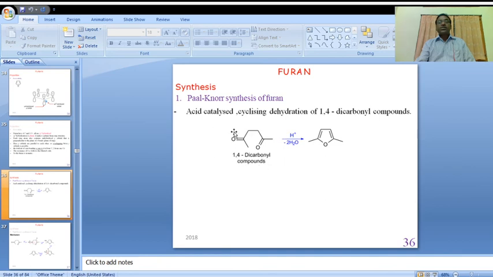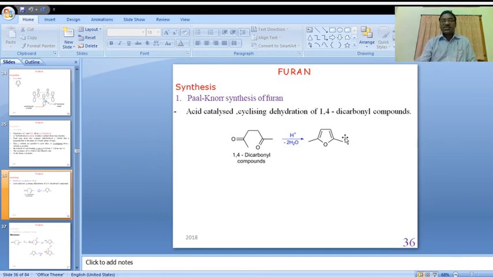The 1,4-dicarbonyl compound in the presence of acid loses 2 moles of water molecule, and we will get furan.